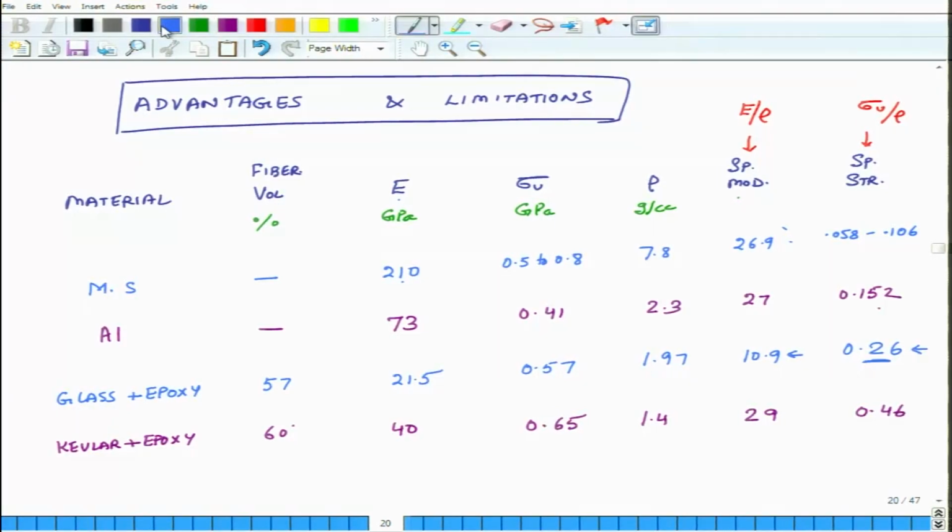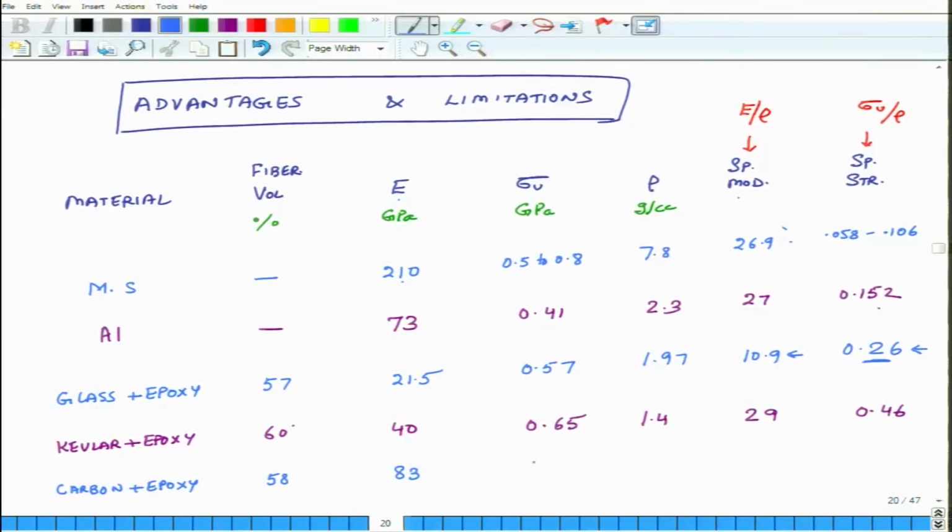And then finally, we can look at a third type of composite. It has carbon fibers plus epoxy, and it has about 58% of fiber. The Young's modulus of this is even higher, 83 GPa. So, you can guess its E over rho, that is specific modulus, will go up significantly.